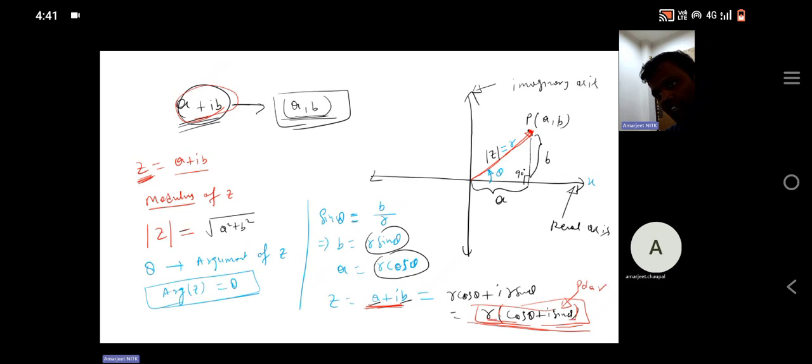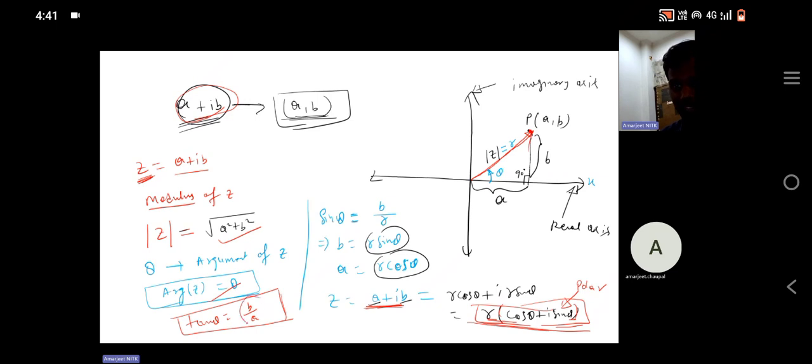What theta is and what r is, you already know from this expression. How can you find the value of theta? Just apply tan theta. So tan theta equals b upon a, because tan theta is perpendicular upon base. In this triangle, perpendicular is b and base is a.